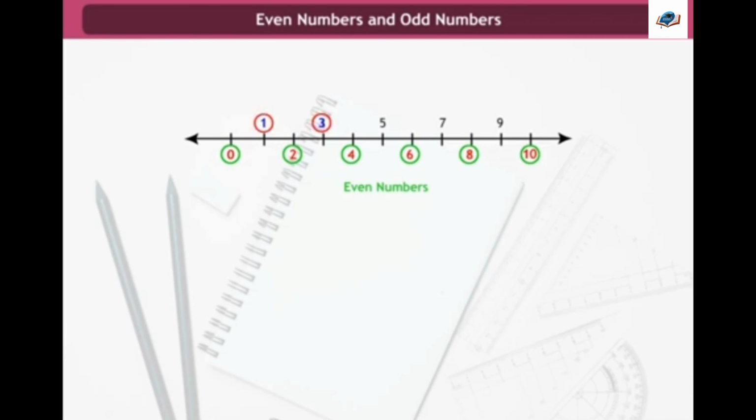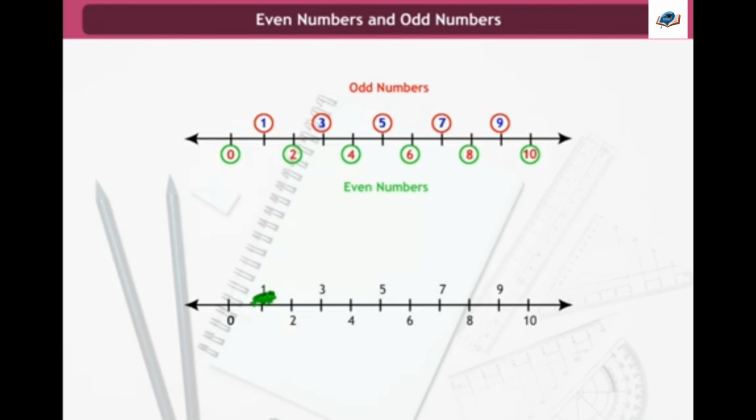The other numbers such as 1, 3, 5, 7, 9 and so on are called odd numbers. Observe that starting from 1, if we skip a number, we get odd numbers. In the same manner, starting from 2, if we skip a number, we get all the even numbers.